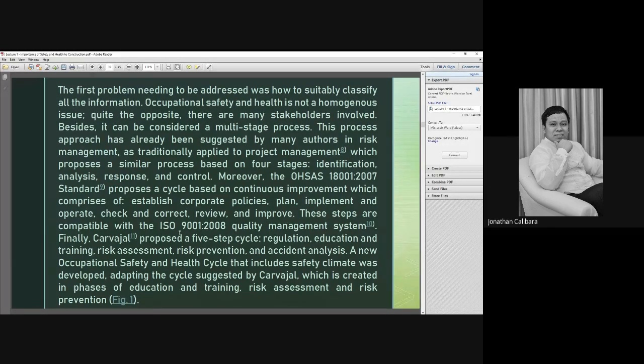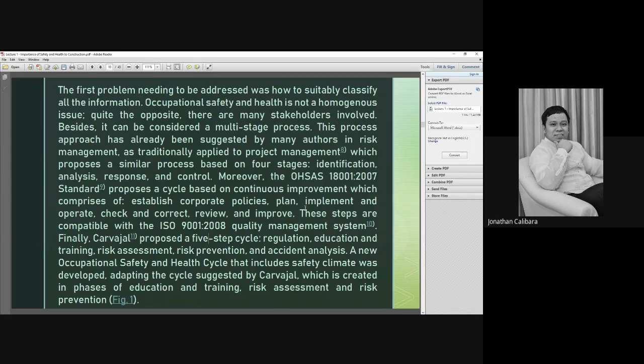In this presentation, the ideas have been discussed and have been practiced, and there is a standard that was being practiced.